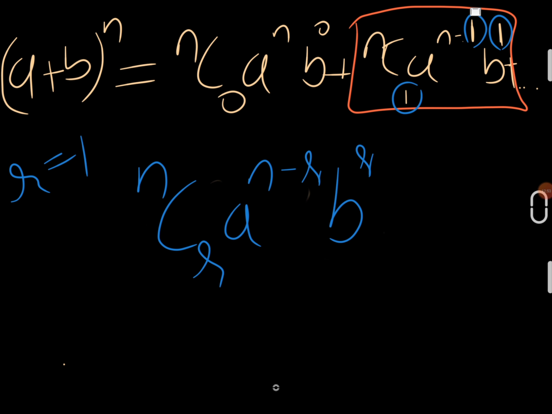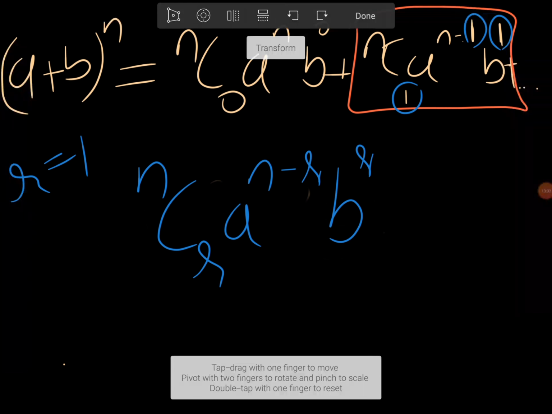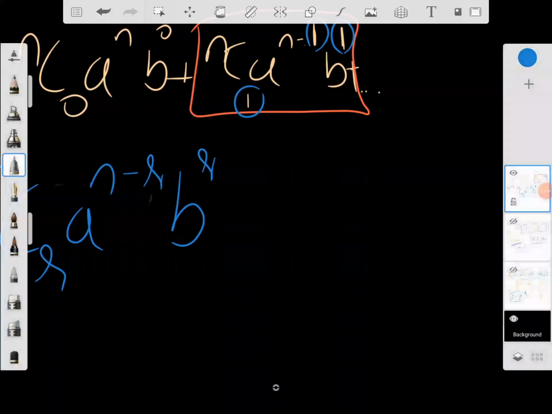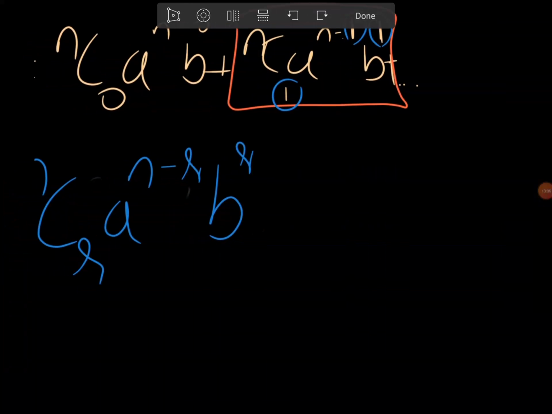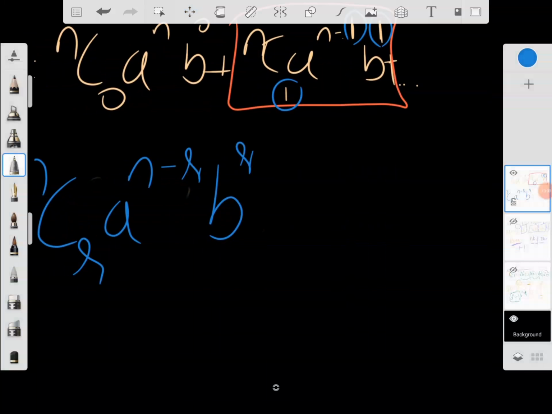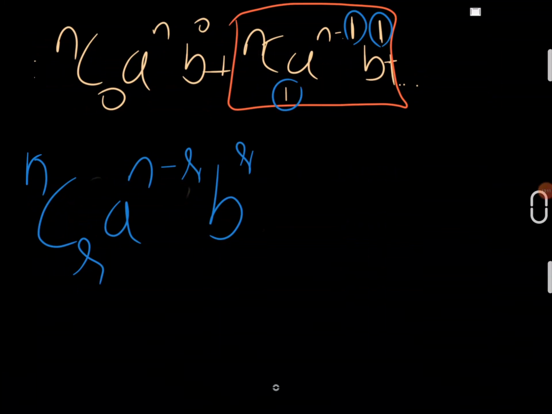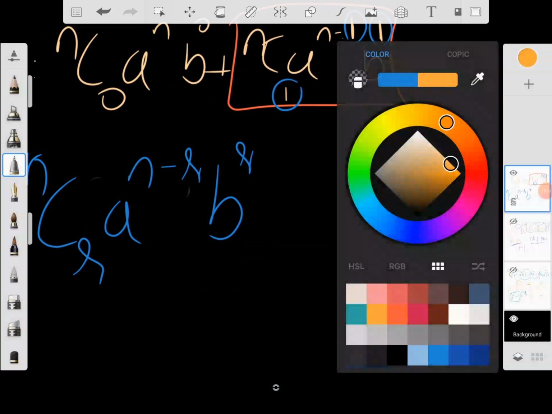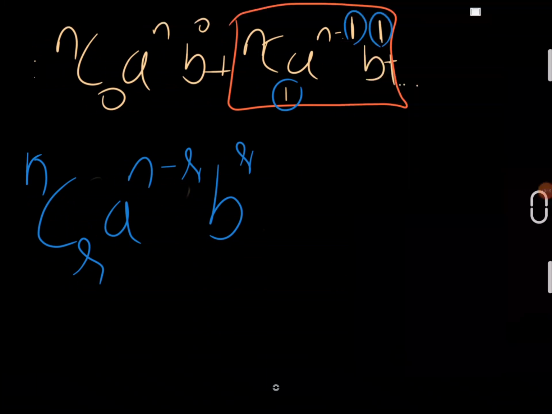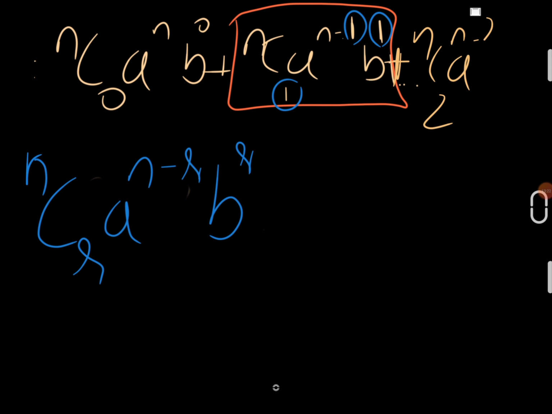Now, is this applicable? When r is equal to 1, it is true, right? Is it applicable for all the numbers? Let us check. Plus nC2 a to the power n minus 2 b to the power 2.